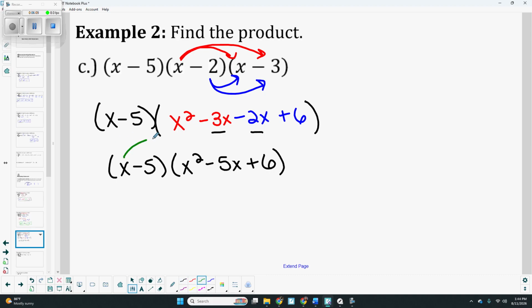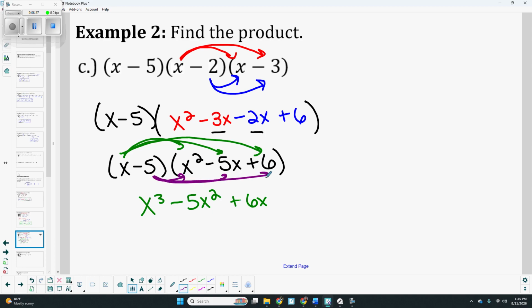And now I'm going to take x and distribute it to all 3. So x times x squared was x cubed. X times negative 5x is negative 5x squared. X times 6 is 6x. And now we're going to distribute the negative 5 to everything. So negative 5 times x squared is negative 5x squared.